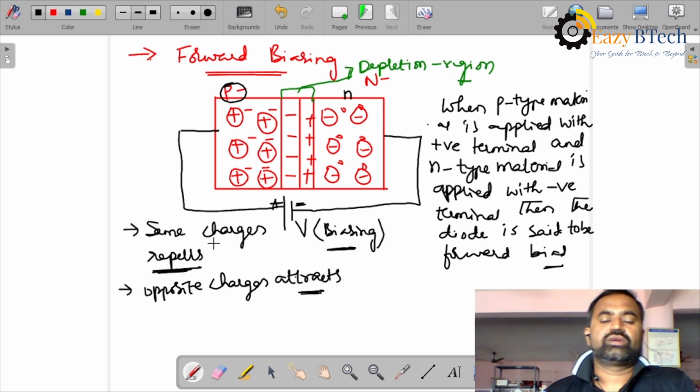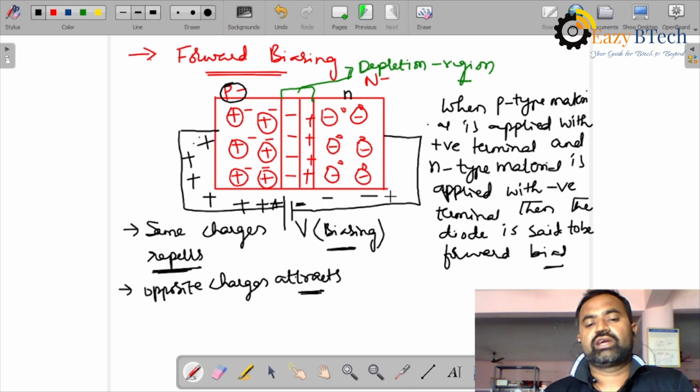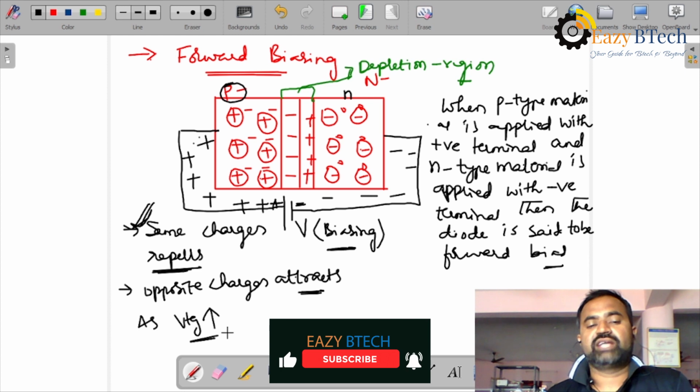Okay. Students, you can see here, when a positive is applied to the P-type material, due to this positive voltage, positive repulsion takes place, and here negative is applied to the N-type material. Due to the same charges, repulsion takes place. Now, as voltage means biasing voltage increases, what happens?